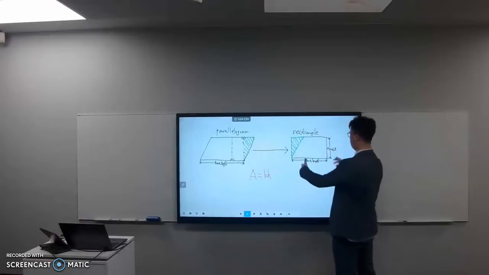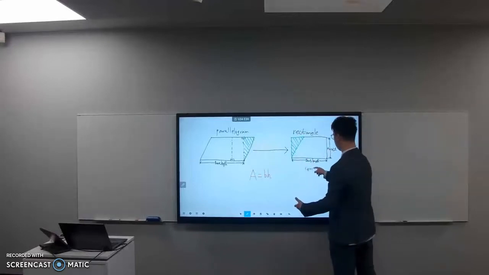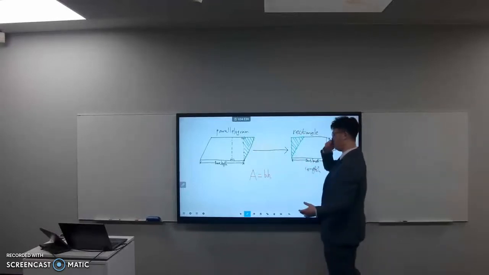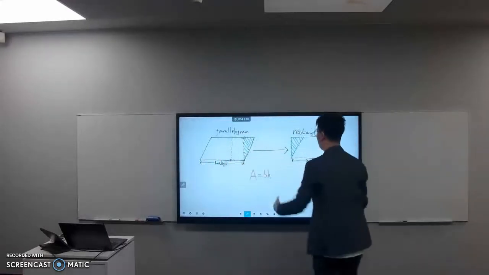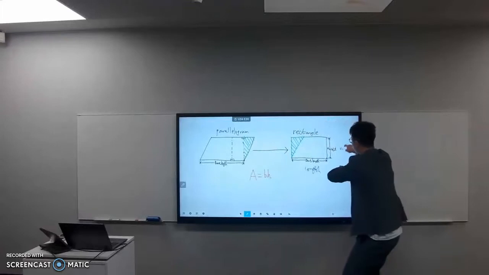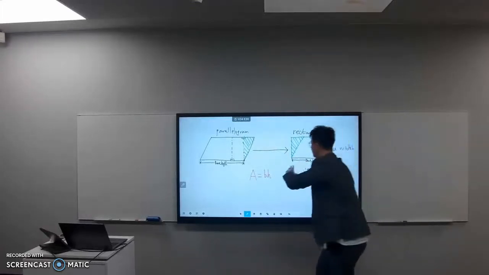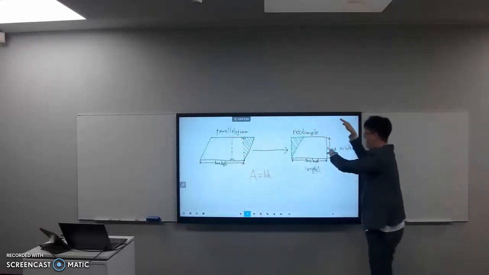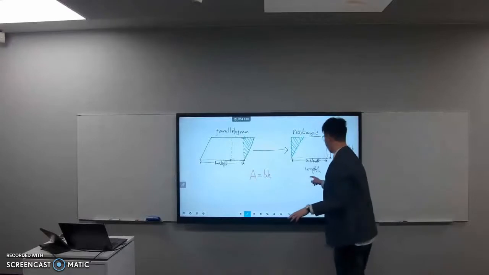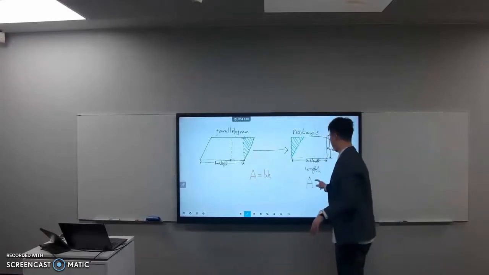And what is the length of the rectangle? It's the base length of the parallelogram. What is the width of the rectangle? It's the height of the parallelogram. And what's the area of a rectangle?